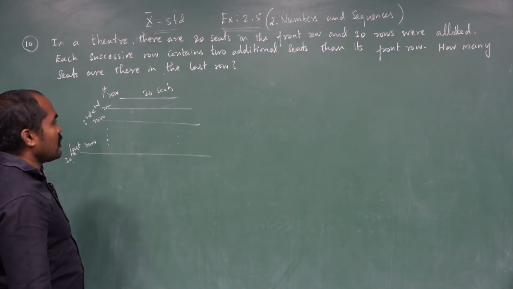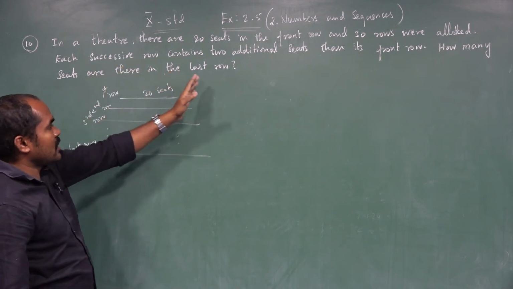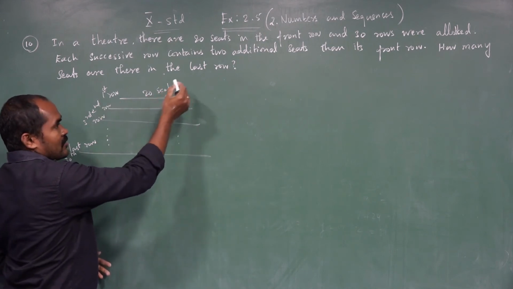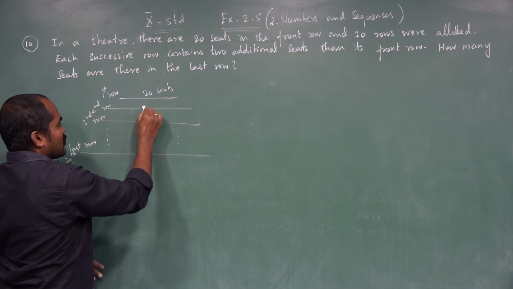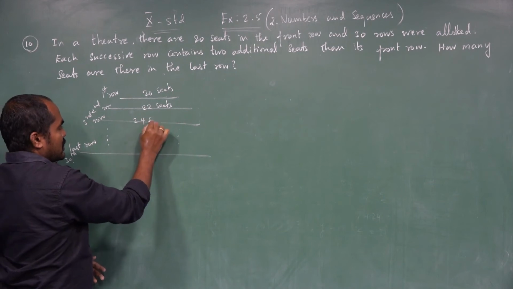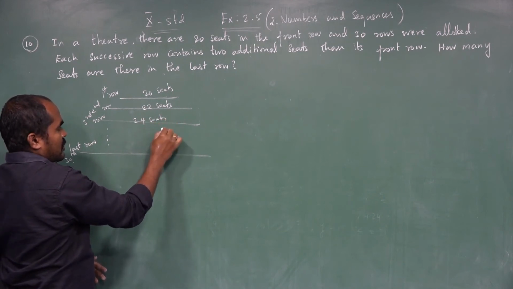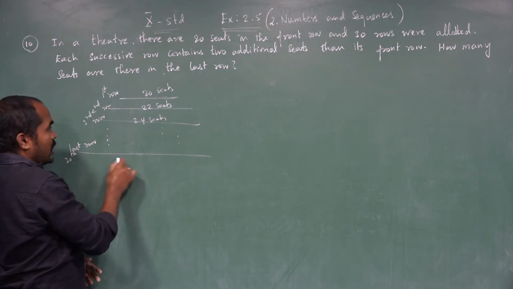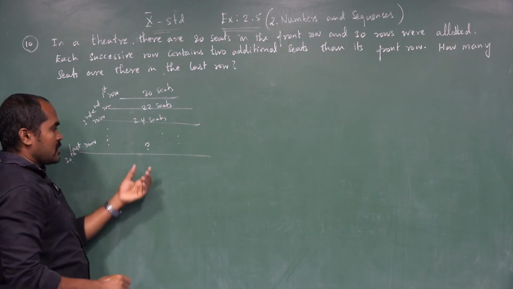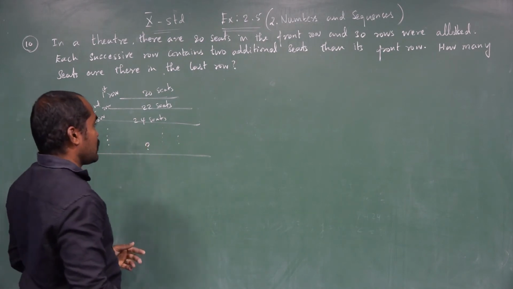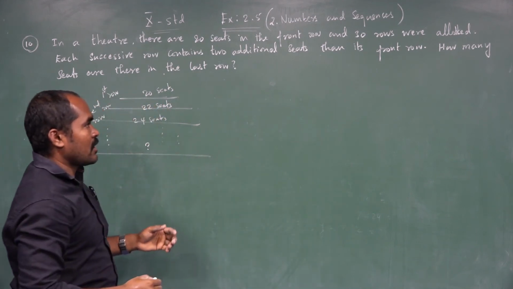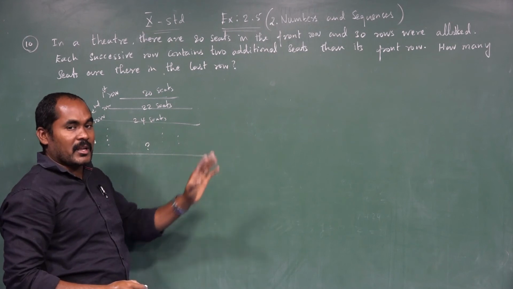Each successive row contains 2 additional seats than its front row. So first row contains 20 seats, means from our condition, second row contains 22 seats. Third row contains 24 seats, etc. So you have to find how many seats are there in the last row. Look, given the condition, the number of seats allotted in each row forms an AP.